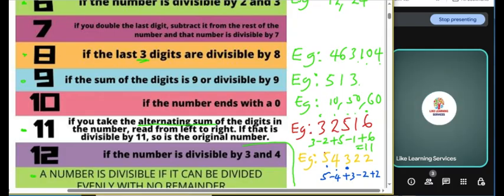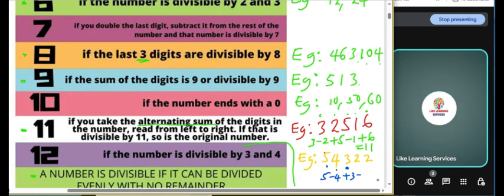Okay, let me put 0 here instead. 5 minus 4 is 1. 1 plus 3 is 4. 4 minus 2 is 2. Okay, 2 is not complete. I want something that will end in 0.